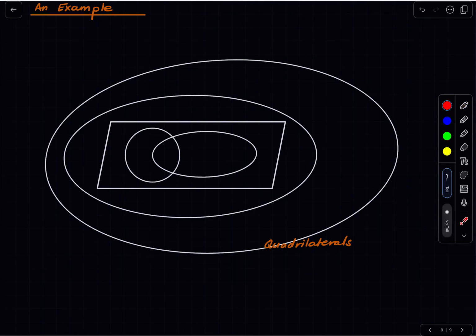This inside blob denotes all trapeziums. So a trapezium is a quadrilateral where two sides are parallel. Right? So clearly every trapezium is a quadrilateral, and hence the diagram captures that. And there do exist quadrilaterals which are not trapeziums.